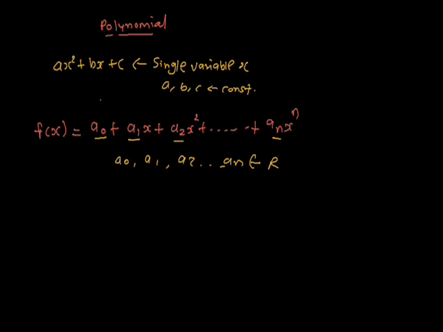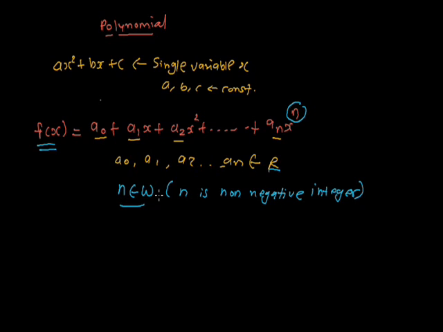But the index of x, x raised to power n, always belongs to whole numbers, meaning n is a non-negative integer. This form of expression is known as a polynomial: it contains constants which may belong to real numbers, and the index of x always belongs to whole numbers.